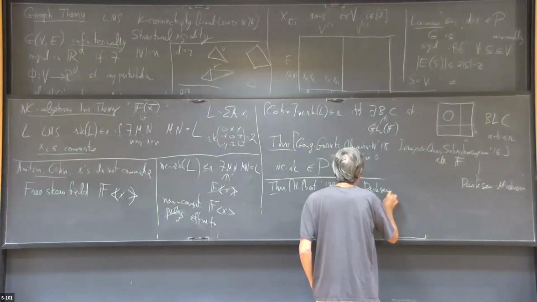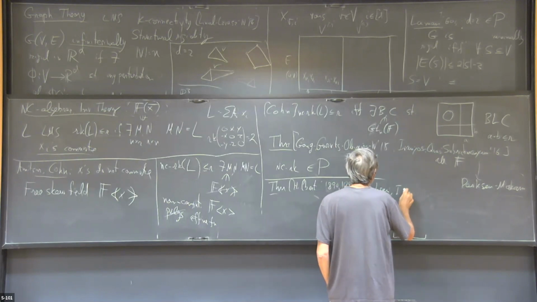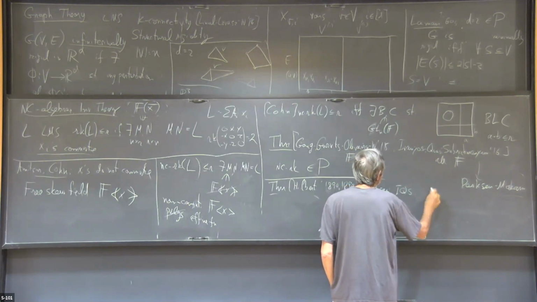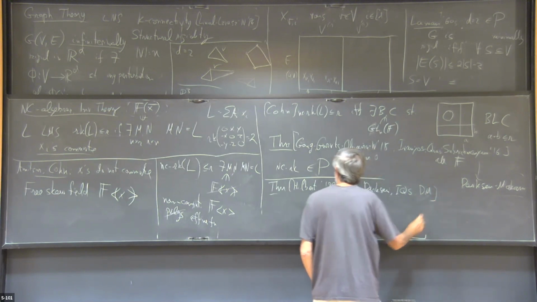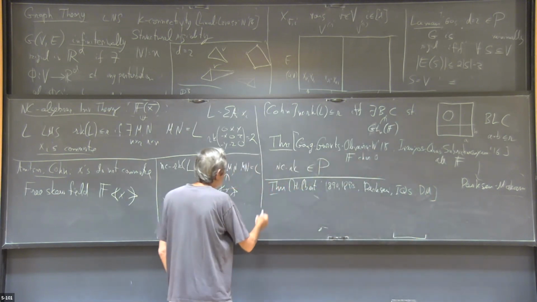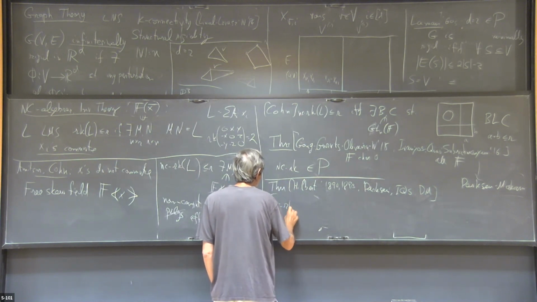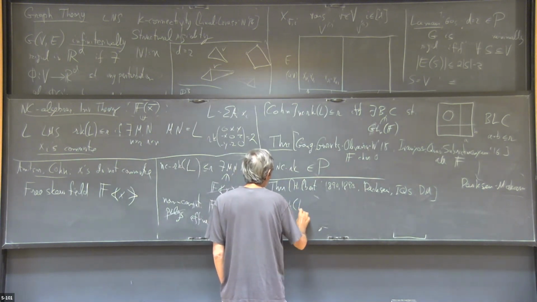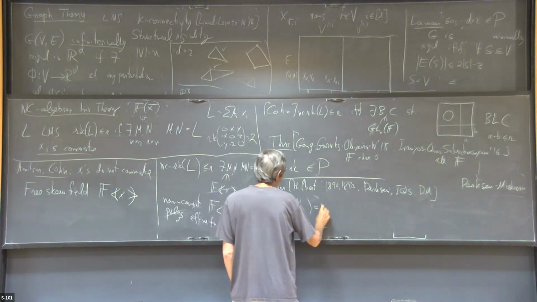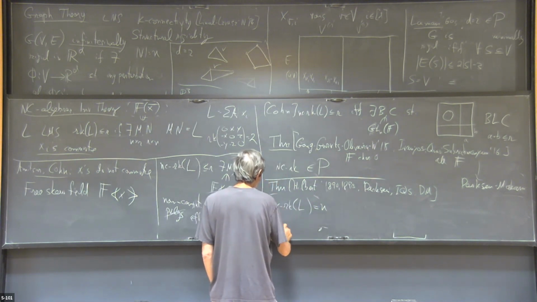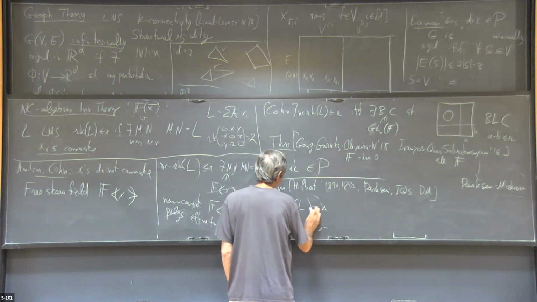And then Derksen, and then this IQS, and Derksen and Makam. And by this I mean, so L is not, well, it's less than that.